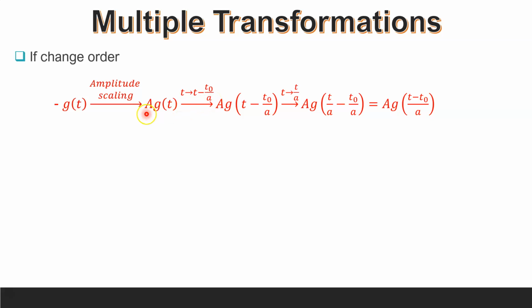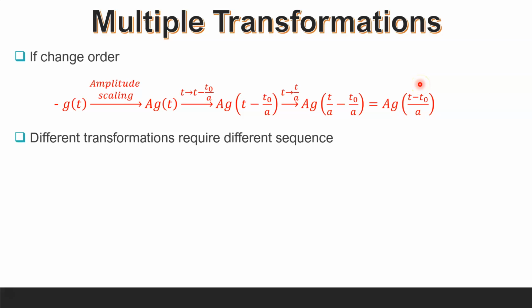So after you do amplitude scaling, this t here you change to t minus t naught, so you get something like this. Then you do the time scaling. So the t here you change to t over a, like this, which is equivalent to this equation, which is the transformation that we want to perform.